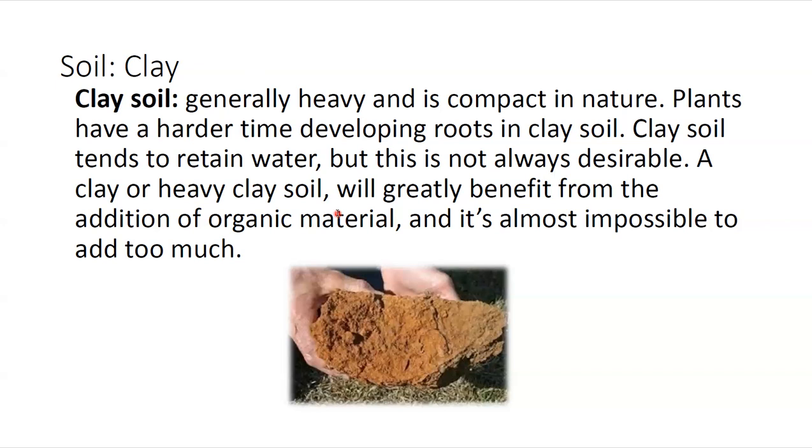What the organic matter does is it adds porosity into that soil. There's a lot of pore space within clay soils, but generally it's such tiny pores that as you add more organic matter, it's adding additional pore space to it and allowing that soil to be more airy, to have more air in it.